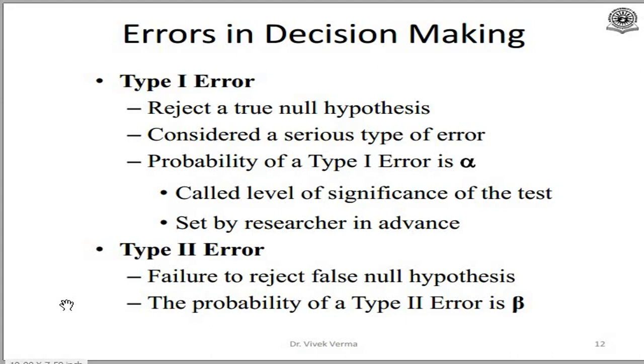The type 2 error is another type of error, which happens when we fail to reject a null hypothesis which is false. It is usually denoted as beta, and 1 minus beta is known as the power of the test.